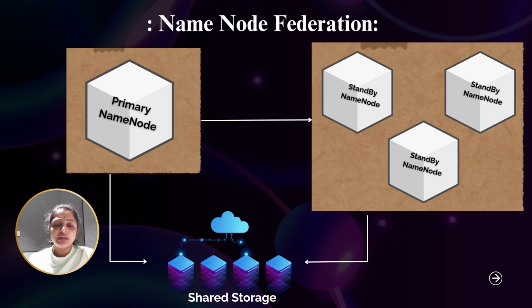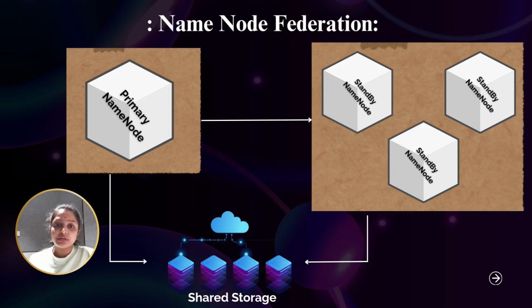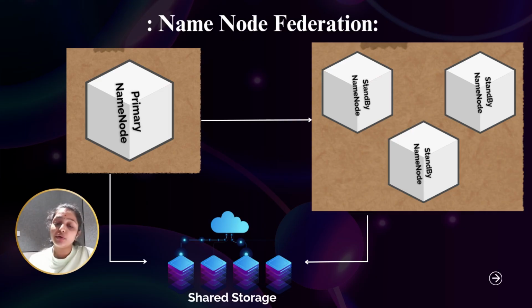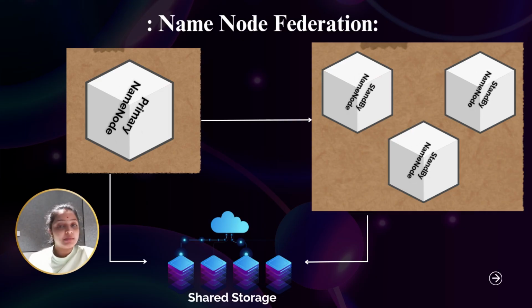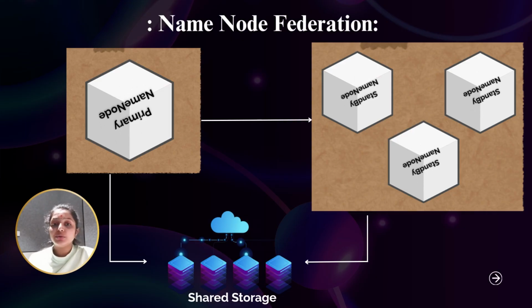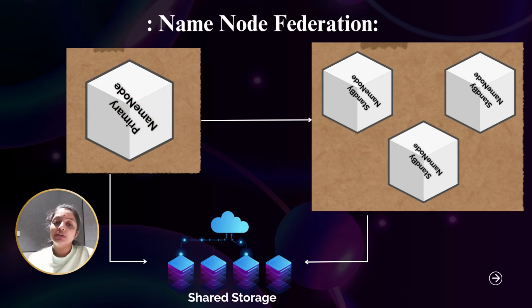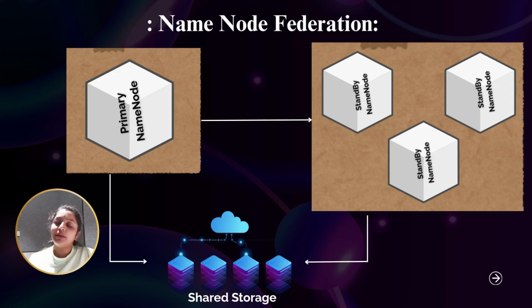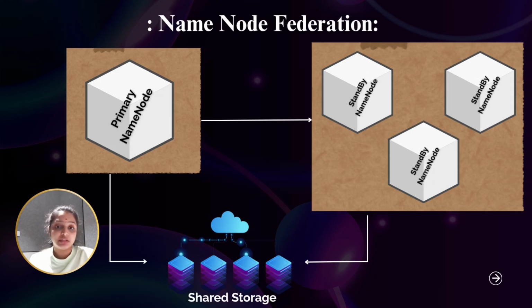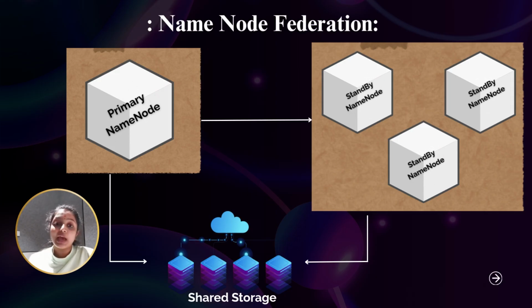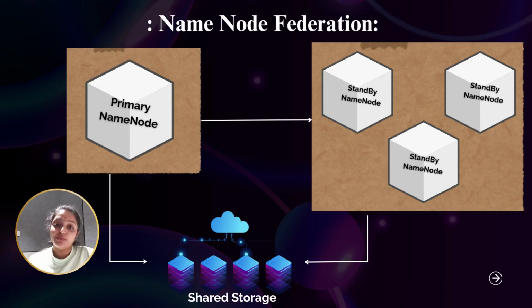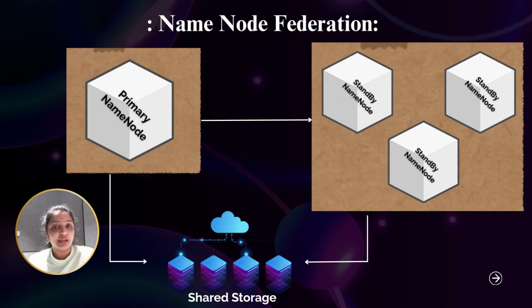Now imagine, obviously the data grows, right? So handling metadata for all of that will become a bottleneck for the name node. You may also have a doubt, what if the name node fails? Then not to worry, because Hadoop has something called name node federation. It will have one primary name node and many standby name nodes.